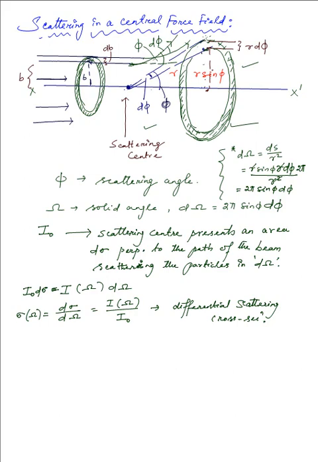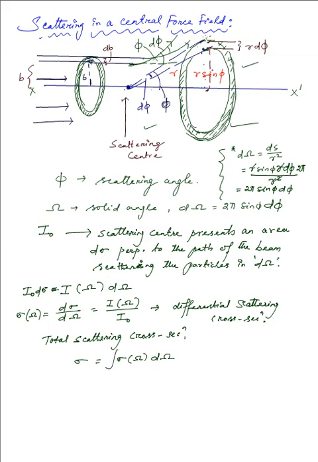So the total scattering cross section will be represented as only sigma, which will be an integration of d sigma over d omega times d omega integrated through the entire range.